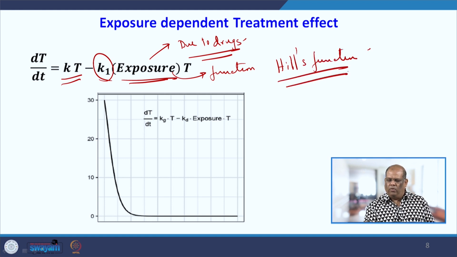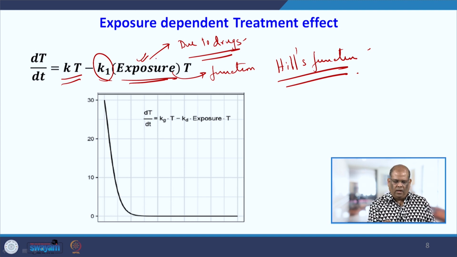I am not going into that, it is a very complicated function, not needed for this particular course, it is a research level thing. But anyway, the idea is that you can use a functional form of time to ensure that the drugs are applied inside the body and the people get cured.